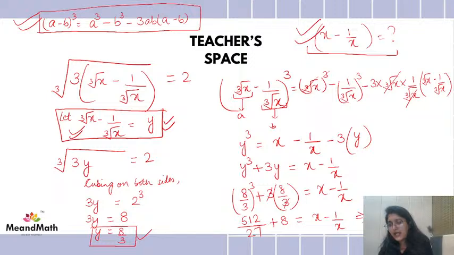And when we add this, we'll get 728 upon 27. So this is the answer we got for x minus 1 by x. We need to find this x minus 1 by x, so we got the answer as 728 upon 27.